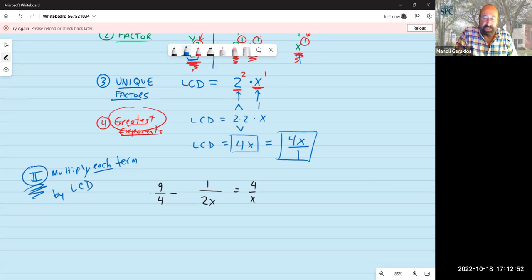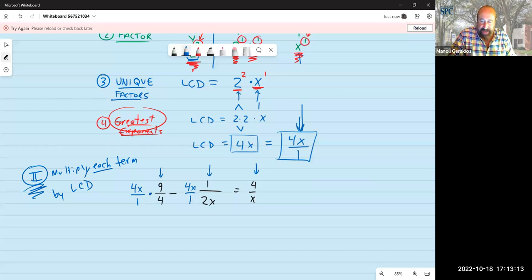As you multiply each term, look, this 9 over 4 is a fraction. I need the LCD this way as a fraction. The second term is a rational expression, like a fraction. I need the fraction version again of the LCD, 4x over 1.